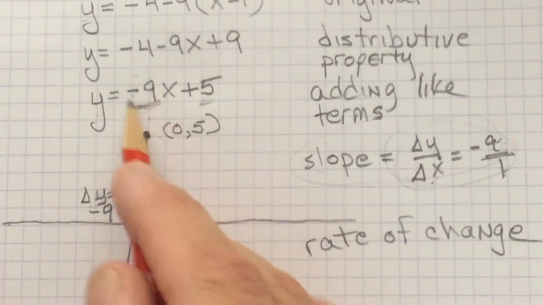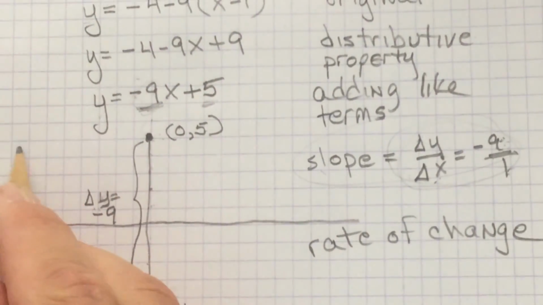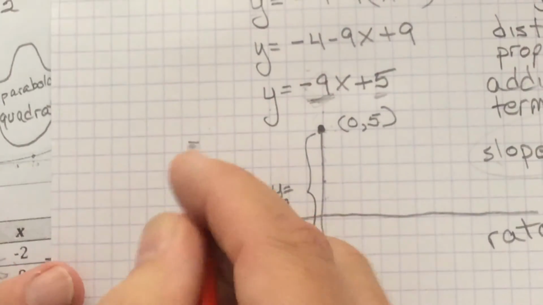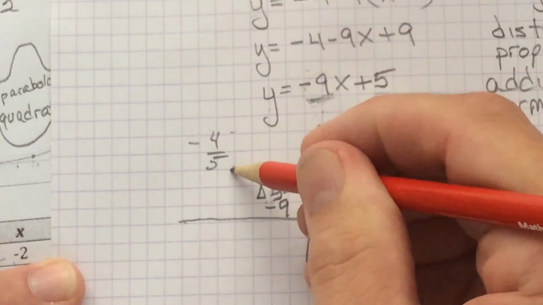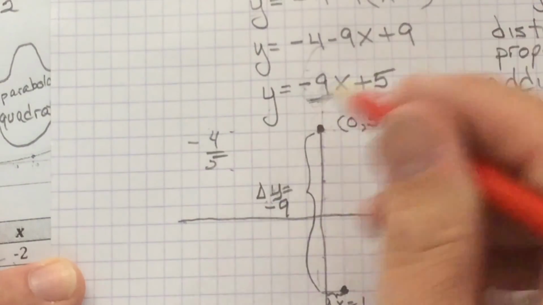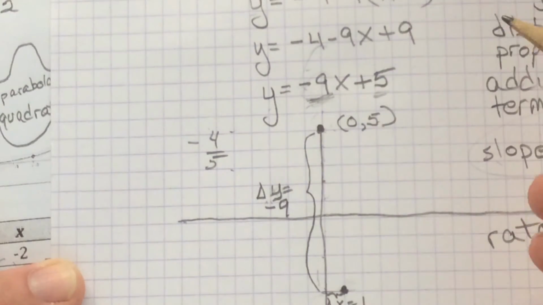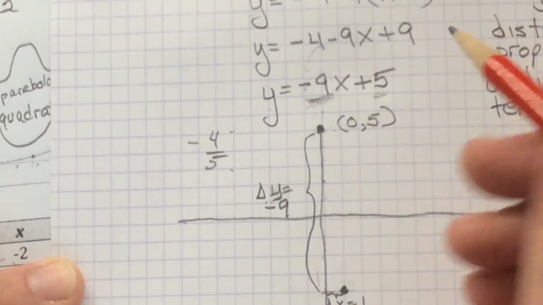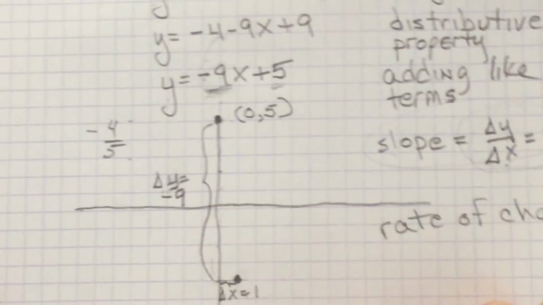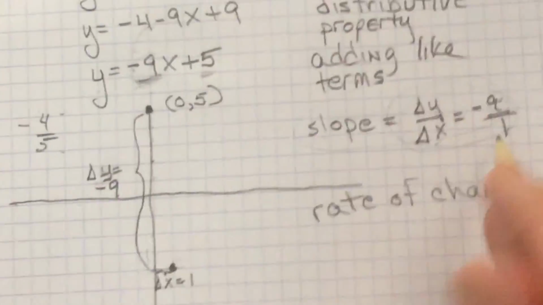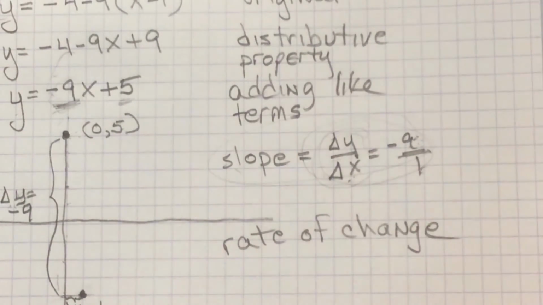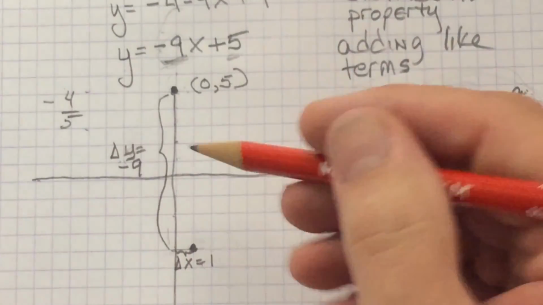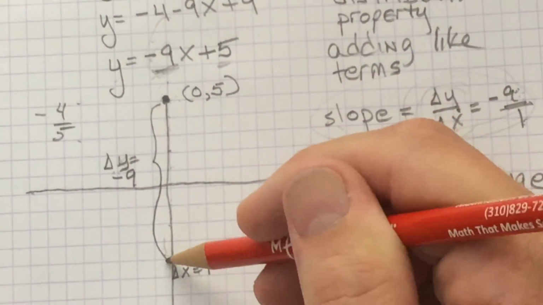If this was already a fraction, something like -4/5, then I would go down 4 and 5 to the right. But if it's not already a fraction, you put it over 1. I thought you had to go 9 to the left and go up 1. Nope. That's why when we're talking about slope, I keep saying it's the difference in y's over the difference in x's. It's your change in y from here to here divided by your change in x.